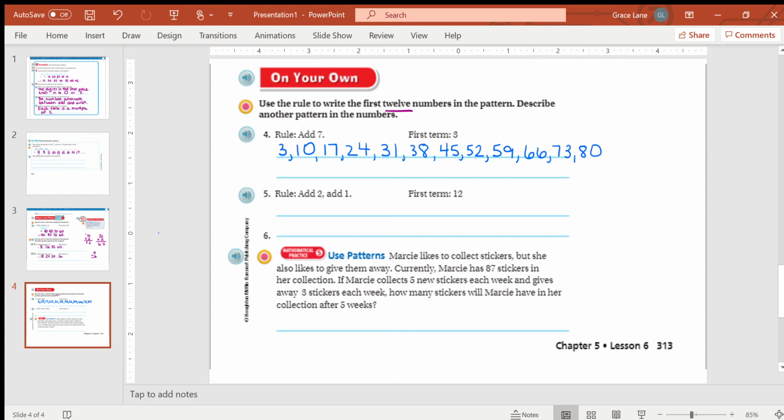This is another 2-part pattern. It says add 2, add 1. The first term is 12. Start with 12. First rule, add 2, so you'd get 14. Then add 1. Then add 2. Add 1. Add 2.